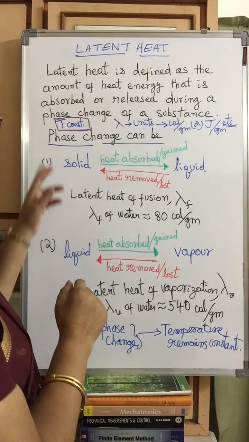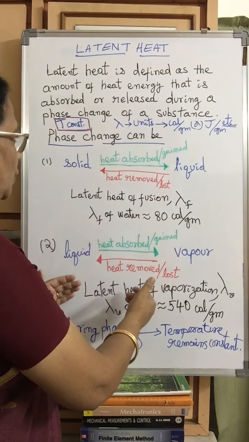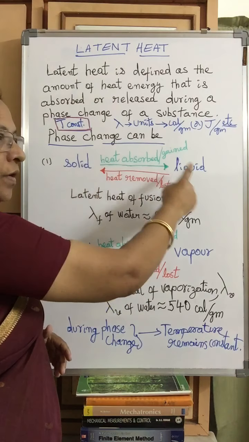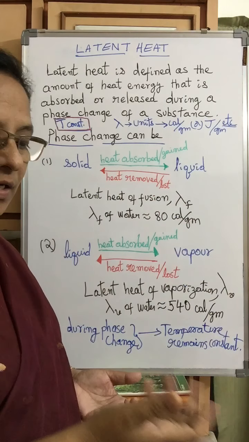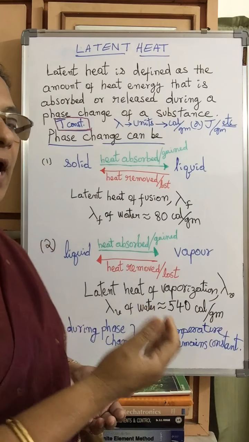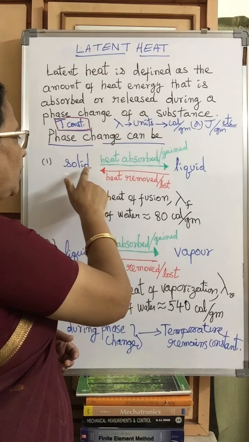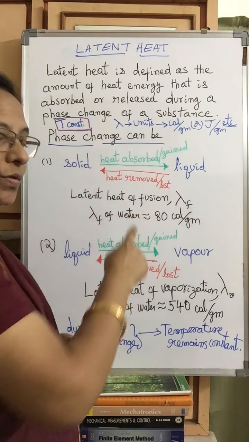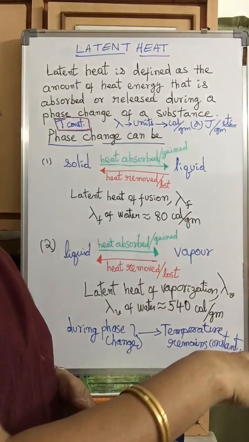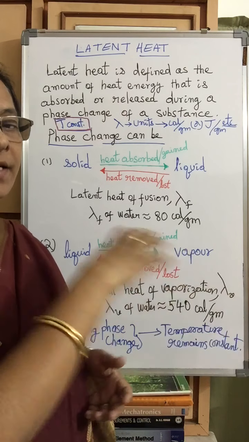That means this phase change can be of two kinds. One is solid to liquid. Okay. Take the very common example of ice. If we want to convert ice to water, what do we need to do? We need to supply heat energy.